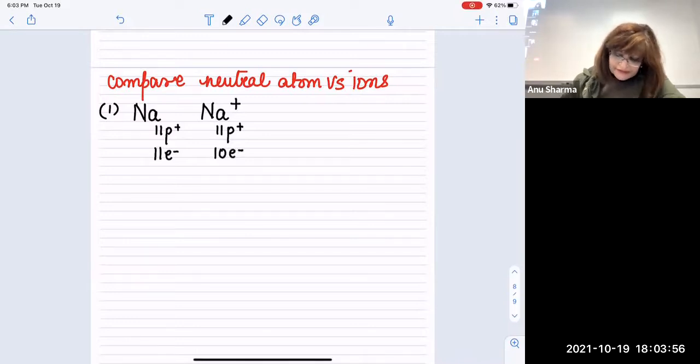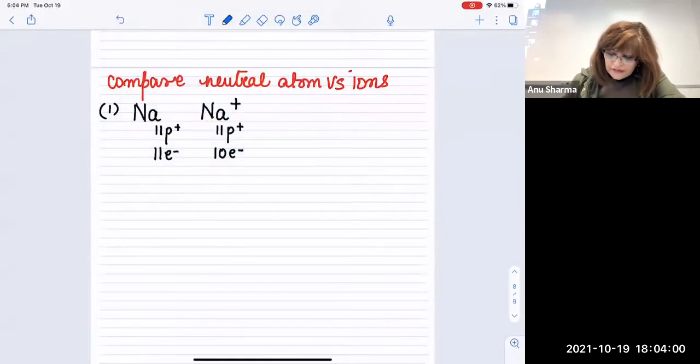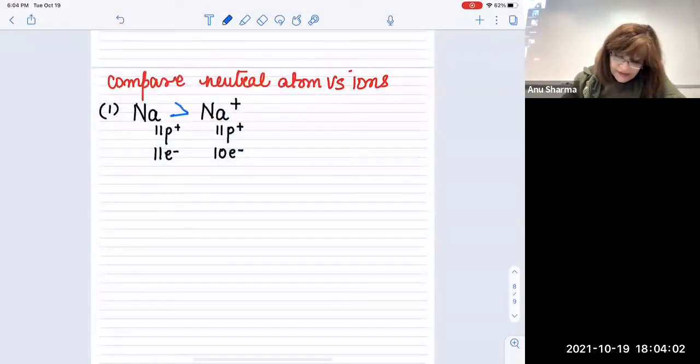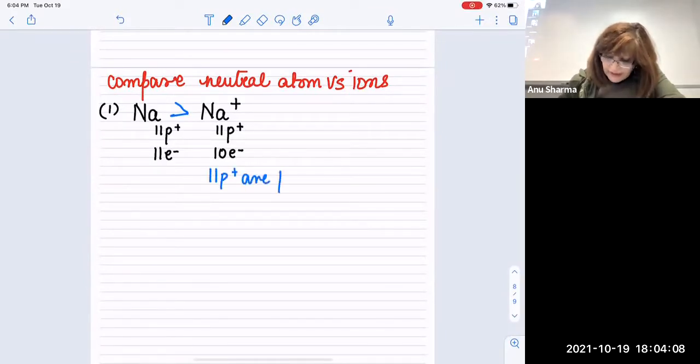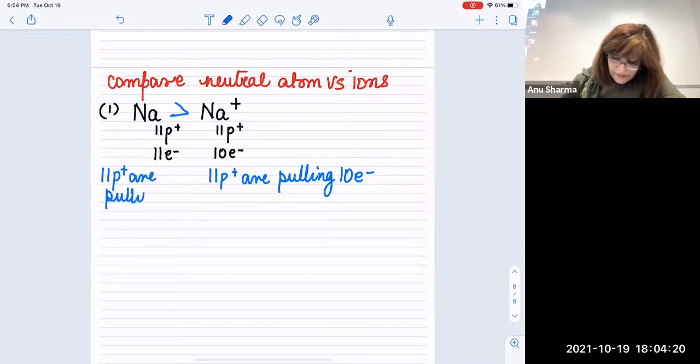So the size of the sodium atom is going to be bigger because here 11 protons are pulling only 10 electrons, and here 11 protons are pulling 11 electrons.